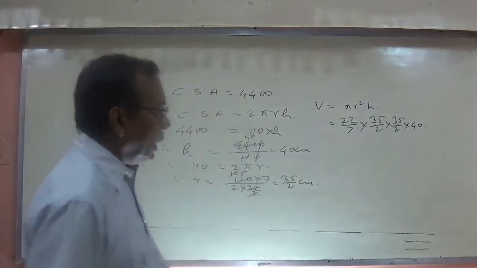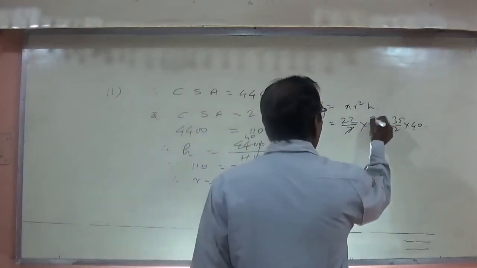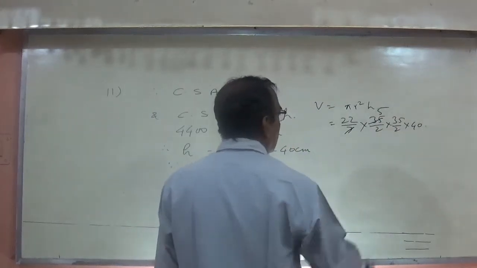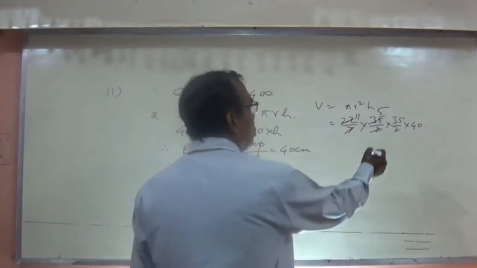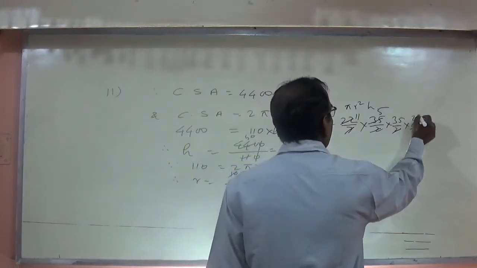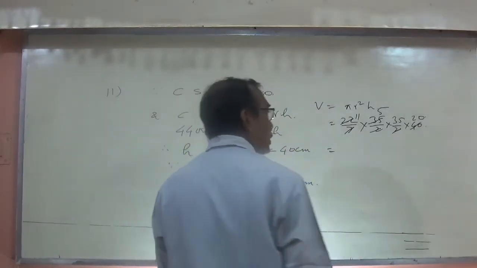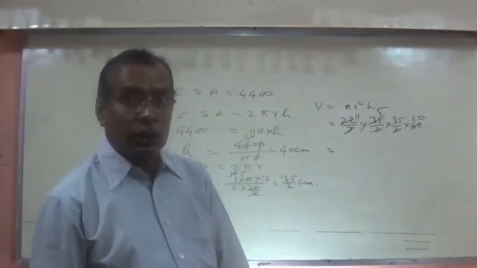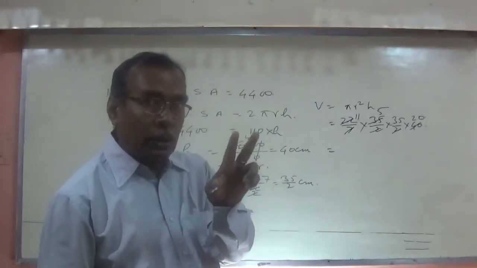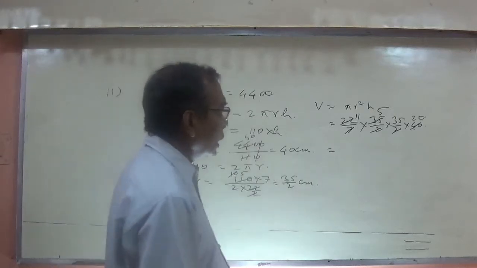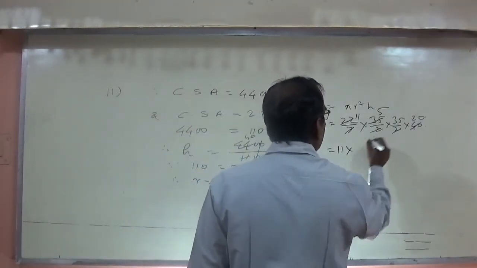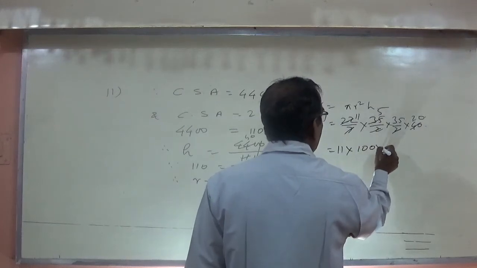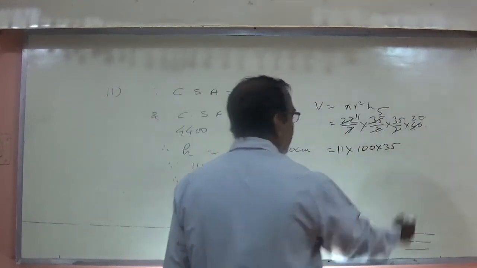Now the calculations part. 7 5s are 35, 2 11s are 22, 2 20s are 40. Listen to the way I am going to take the calculations. I am not taking any help of calculators or previous calculations. 11 into 5, 2s are 10. 10 into 35.